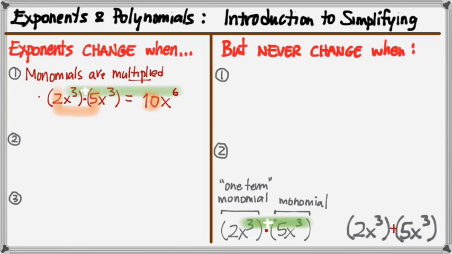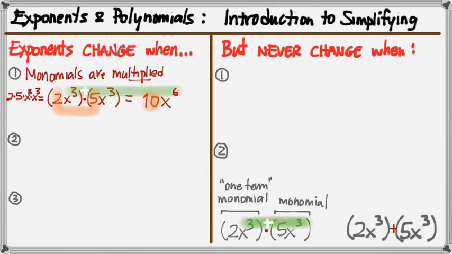The reason for that is that multiplication is both commutative and associative, and all of that means is that I can rearrange the order in which I carry out these multiplications so as to get that 2 and that 5 together, and so as to get the x to the thirds together as well. So I'm just going to rearrange it and take away the parentheses. We can do that because multiplication has those nice properties.